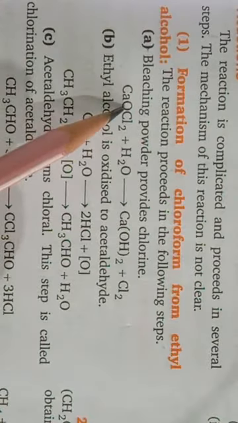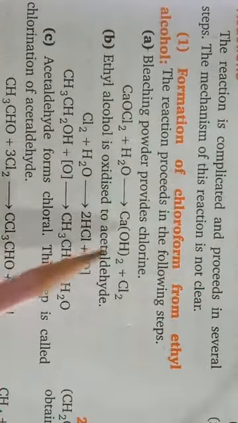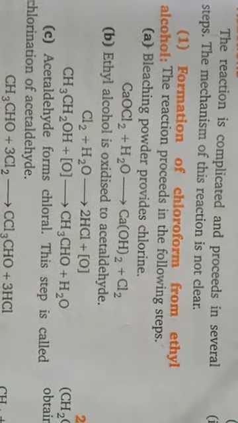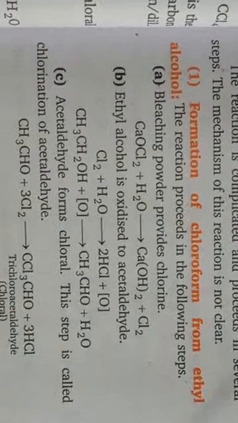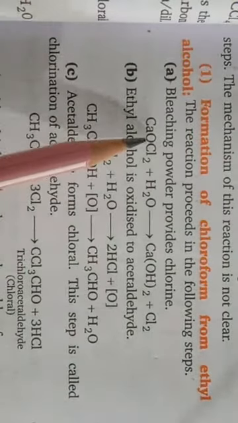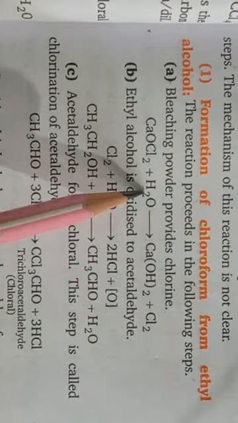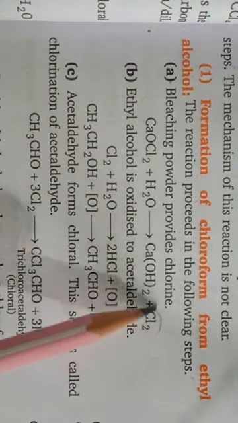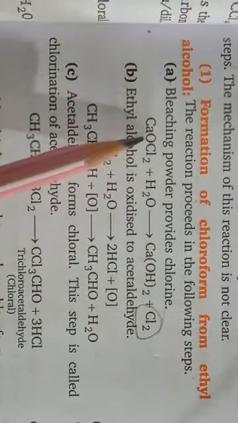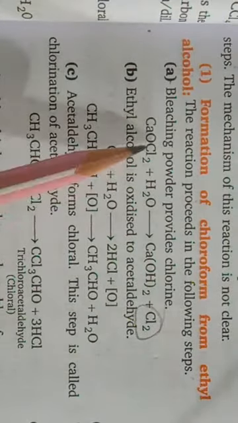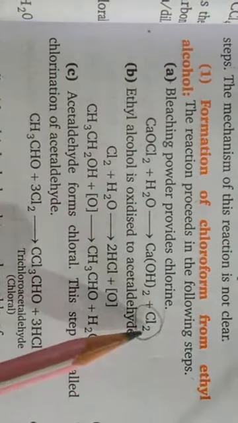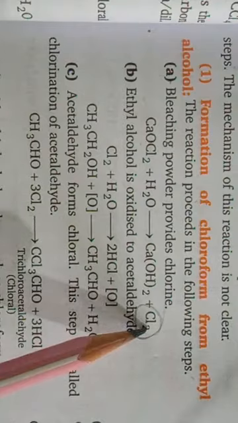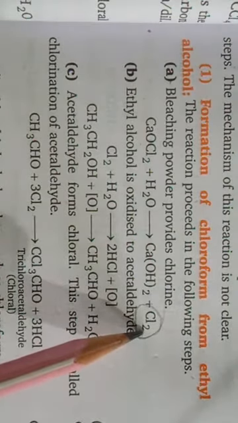According to the first step, bleaching powder reacts with water forming calcium hydroxide and chlorine. So bleaching powder acts as a substance producing chlorine, and the further reaction of ethyl alcohol is with this chlorine only.